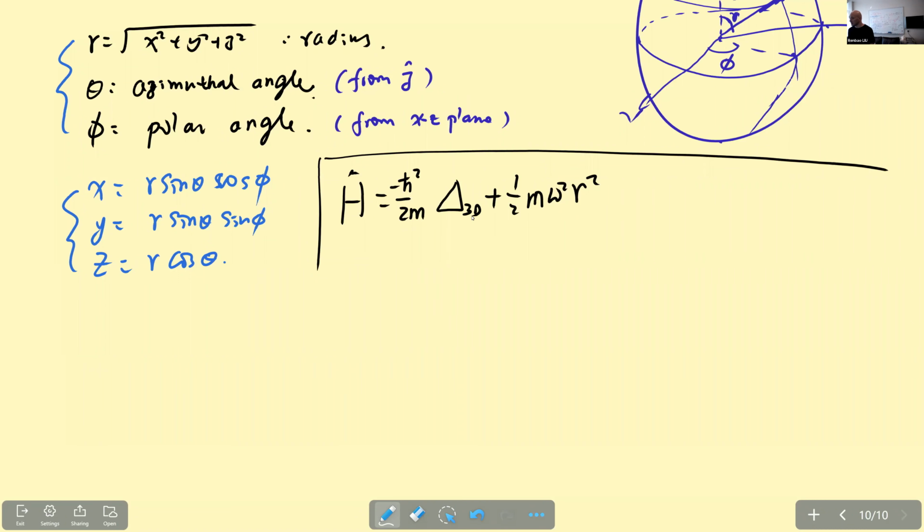What is the 3-dimensional Laplacian? In the Cartesian coordinates, it's very simple, right? And we can also write this down in the spherical coordinates. So it's actually 1/r squared. I will not prove this one, so you should refer to a mathematical book.